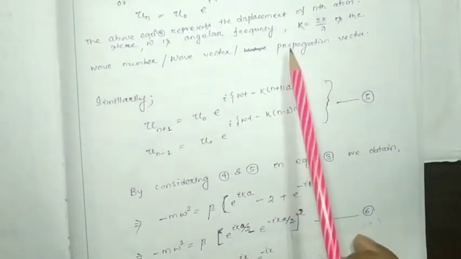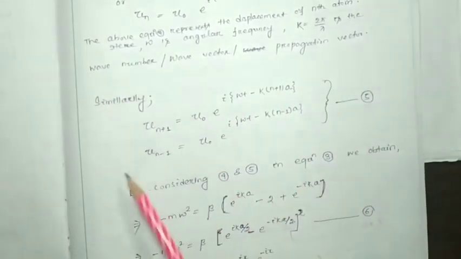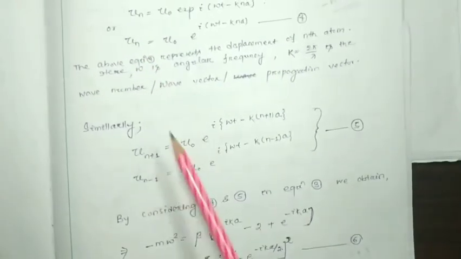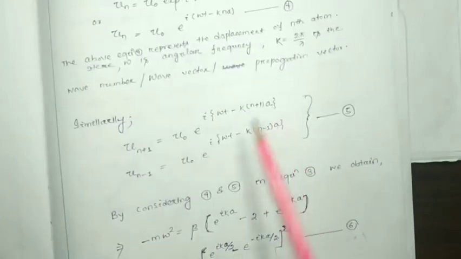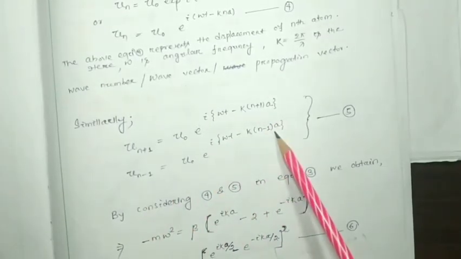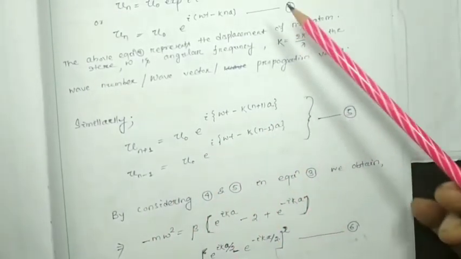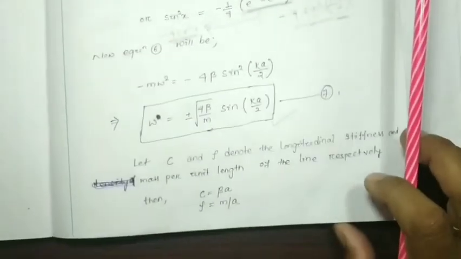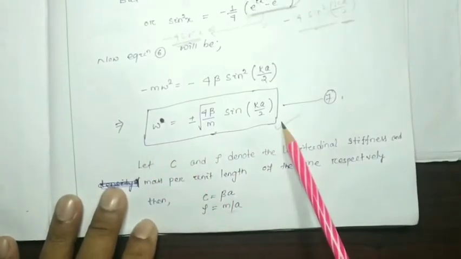So u n plus 1 will be this one, u n minus 1 will be this one. By considering equations number 4 and 5 in equation number 3, we can obtain omega equal to this much. This is equation number 7 we have been given.